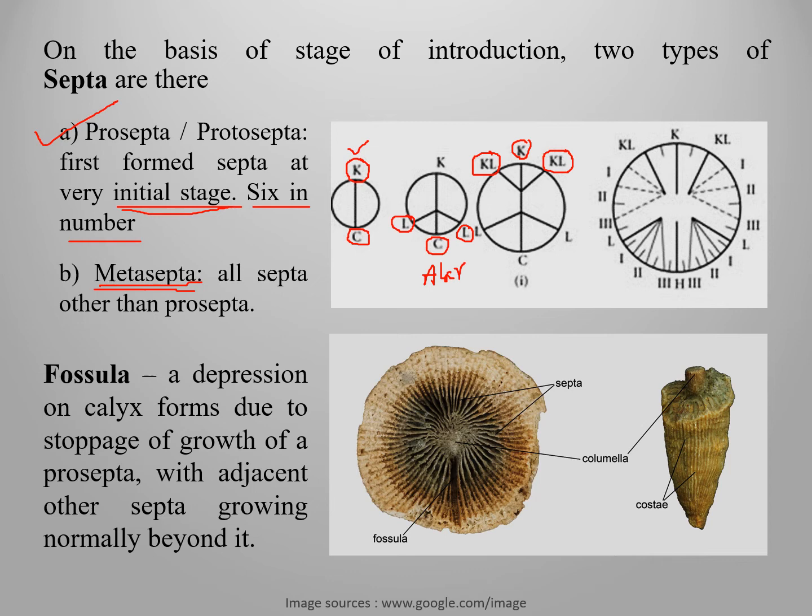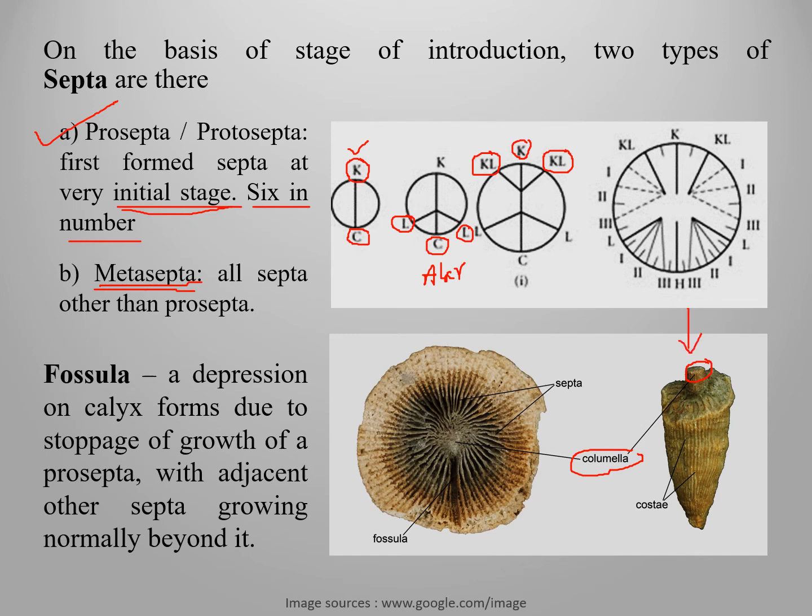Here you can see a transverse section of a corallite, where the septa occur in a radial fashion, and at the central part they fuse together and form this solid rod-like structure known as columella. Now, often it is found that some septa have a slower growth rate compared to other septa, and due to this slower growth rate they form a depression when viewed from the apical side.